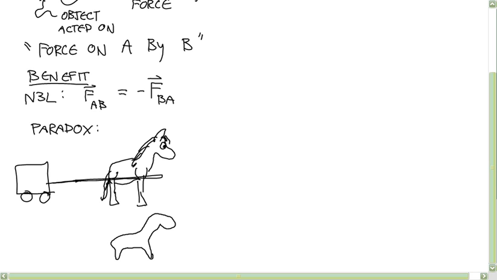Let's say you have a force on the horse by the cart. You have mg. And where else is anything touching this horse? That's right. So you have a force on the horse by the ground, right?